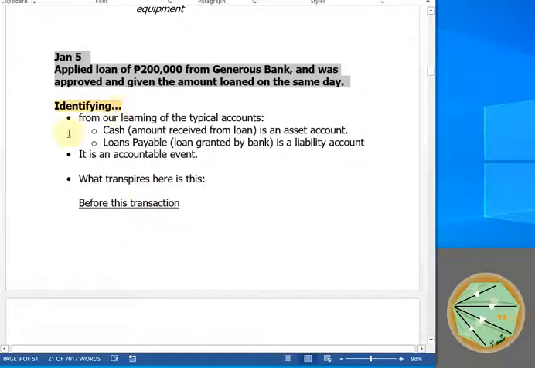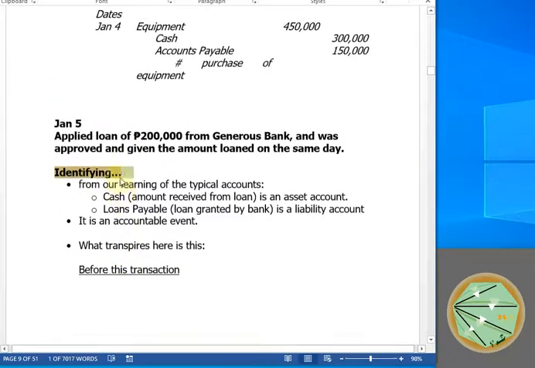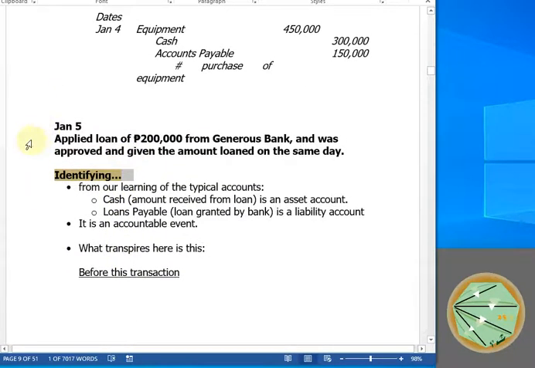So of course, like what we did in the prior transactions, we will start with identifying the analytical part. And analyzing the transaction above, we would know that the accounts affected are number 1, cash.